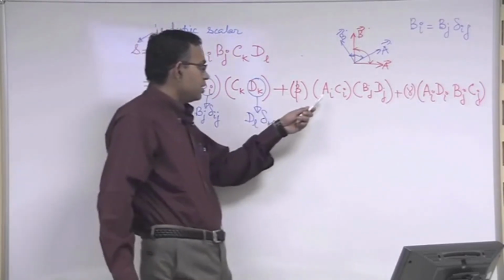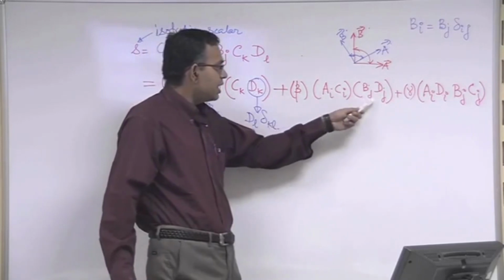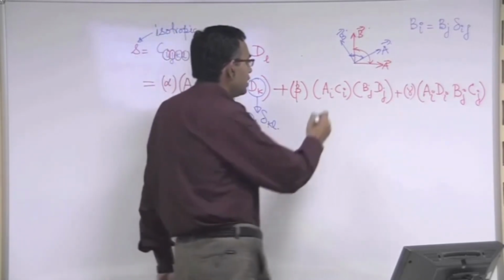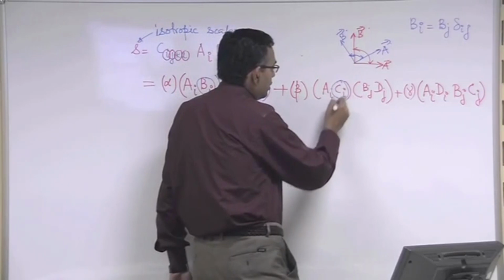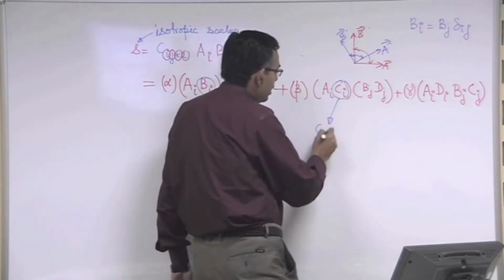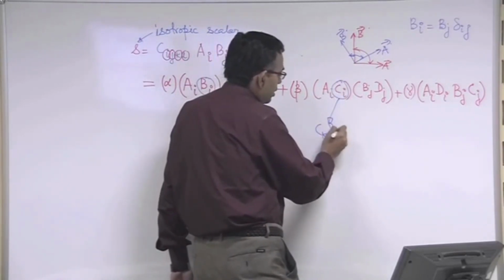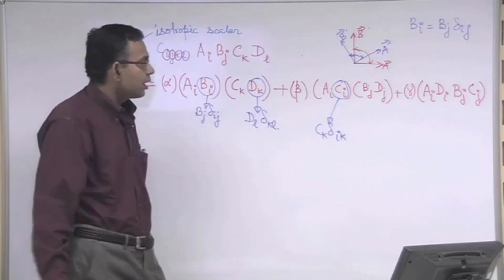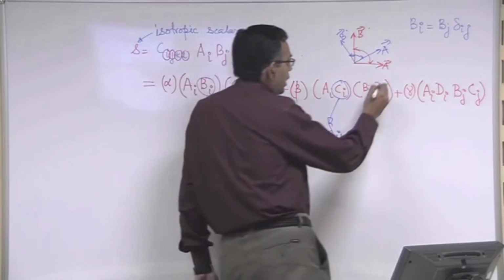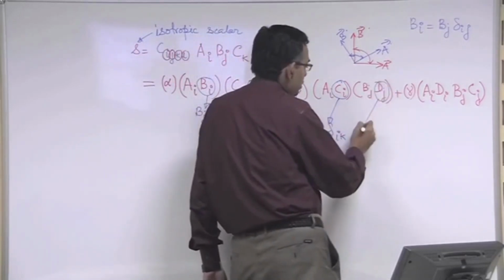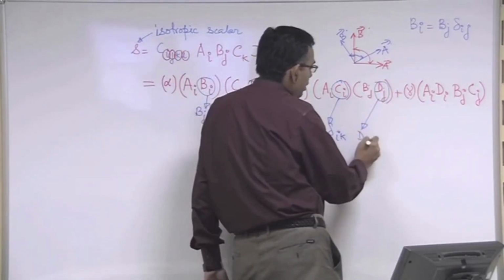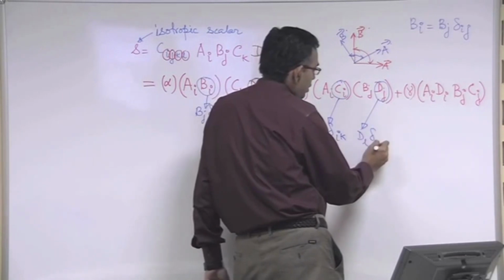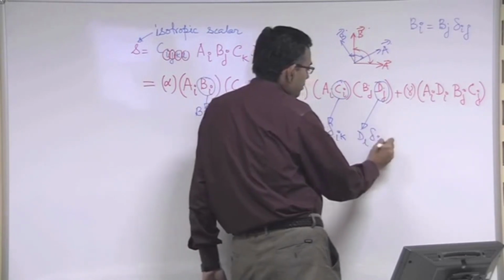Next term ai bj, then ci, if you want to make it ck, delta ik, and dj, dl, delta jl.